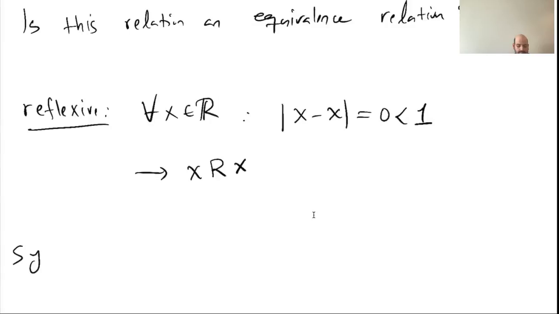So transitive means what? Means if x and y in R and y and z is in R, can I conclude that x and z is in R? In other words, if absolute value x minus y is less than 1 and absolute value y minus z less than 1, can I conclude that absolute value x minus z less than 1?